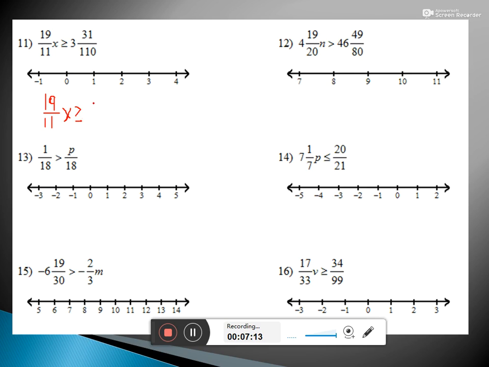Okay. Well, that 19 elevenths is being multiplied by the x. So to undo the multiplication, we're going to use division. This is going to look a little bit weird when we write it, but it's what we need to do. So we're going to divide each side by 19 elevenths. I'm kind of squeezing it in because I'm running out of room on my screen here.